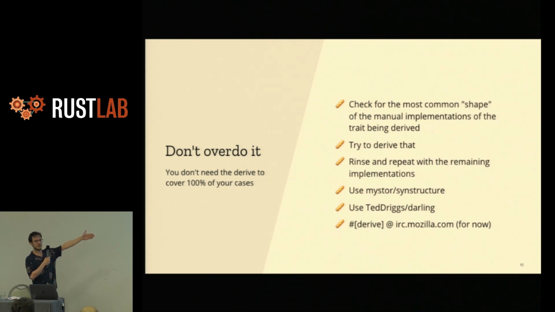Those are on GitHub. There should be GitHub URLs, but they didn't fit the slides, so it was bothering me, so I just wrote username slash the project. And also, I created an IRC channel on the Mozilla IRC for as long as it's still alive, just because I noticed that I could name channels like they were Rust attributes, so I thought it was cute. So feel free to join it if you have questions about Derive stuff.